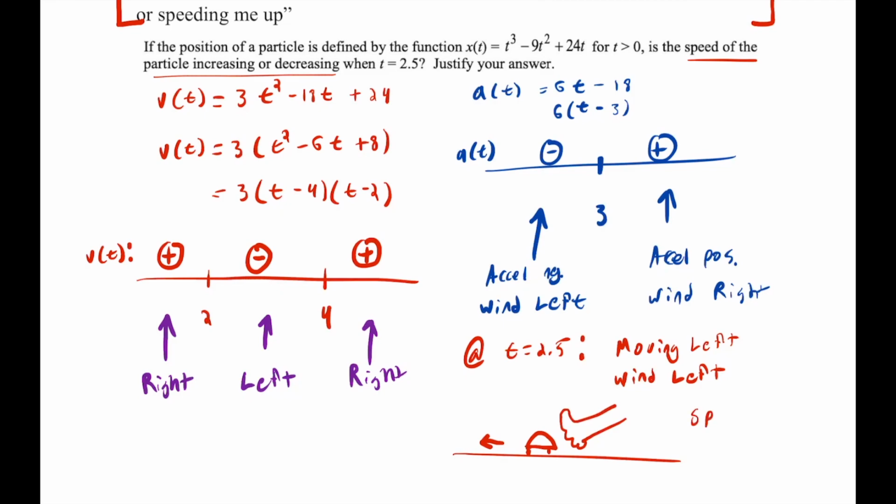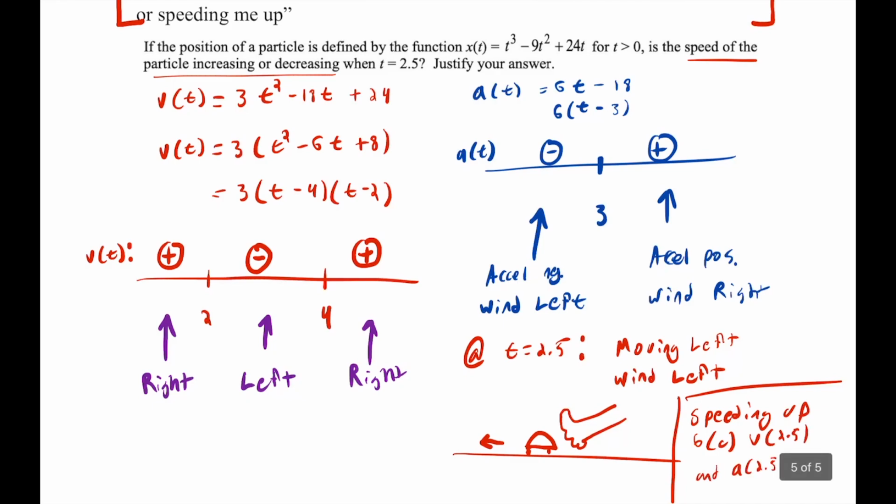So we are, in fact, speeding up. And so, formally, without the wind or pushing analogy, speeding up because V of 2.5 and A of 2.5 have the same sign.